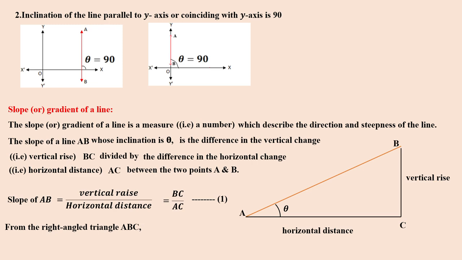We know from trigonometric ideas, tan theta is equal to opposite by adjacent side. Opposite side is BC, opposite to angle theta, and adjacent is the base AC. So that is 2. From 1 and 2, right hand sides are equal, BC by AC. Therefore left hand sides are equal. Therefore slope of the line AB is equal to tan theta.